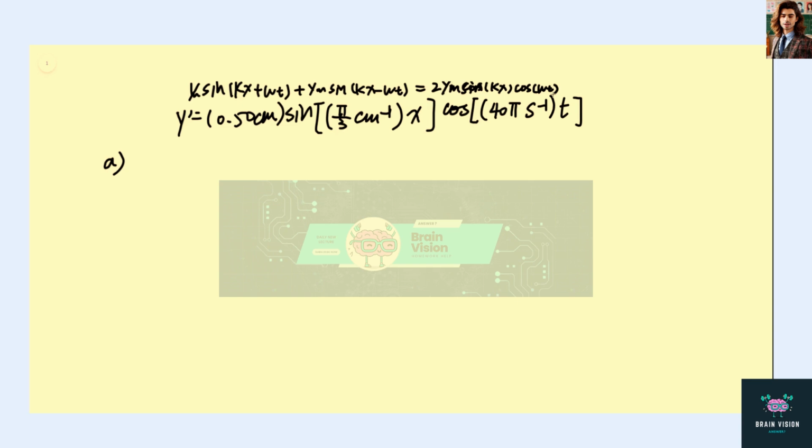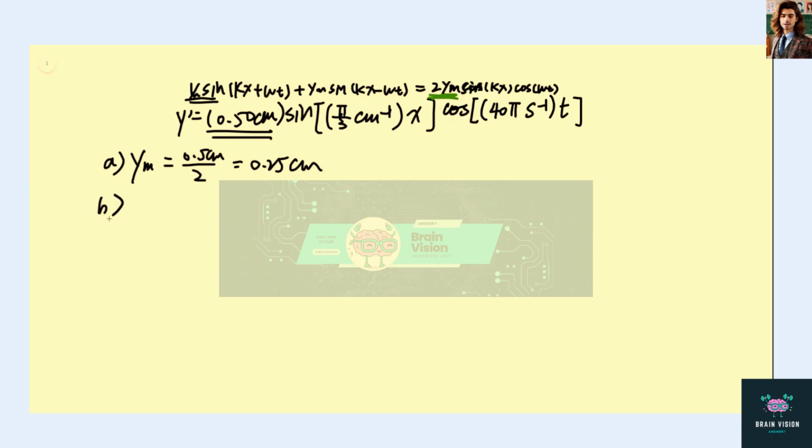So when we ask for the amplitude of the individual waves, each individual wave has half of this amplitude. Right now we have 0.5 centimeter, which is 2 ym, so ym is 0.25 centimeter.